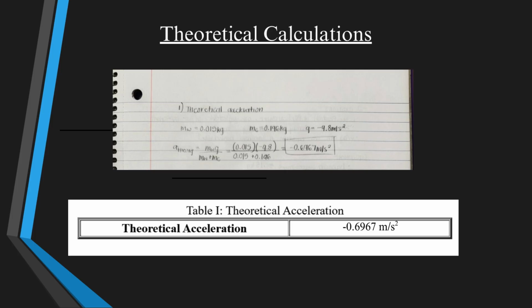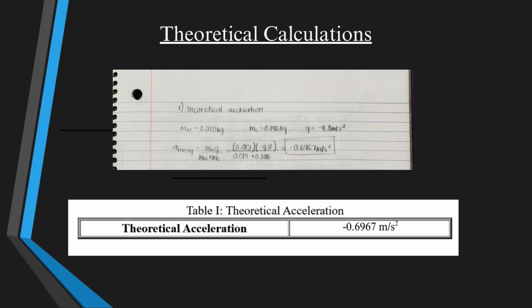We then added 10 grams of mass to the hanging mass, making it a total mass of 15 grams, which we convert to 0.015 kilograms. And the mass of our slider is 196 grams, which we later converted to 0.196 kilograms. And gravity is, of course, 9.8 meters per second squared, but we'll be using it as a negative.